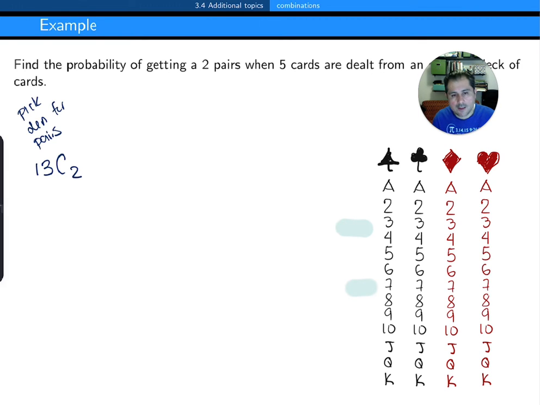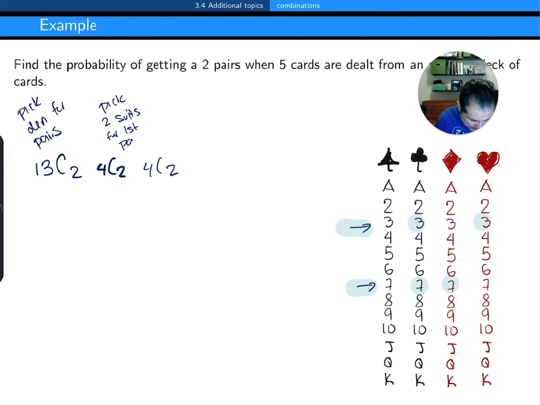Okay, now once I know it's going to be here and here, I go across and I pick a pair from there and a pair from here, right? And I have to do 4C2 for each of those. So I'm going to have a 4C2 for the first one and a 4C2 for the other. And this is picking 2 suits for the first pair, there's no order, right?